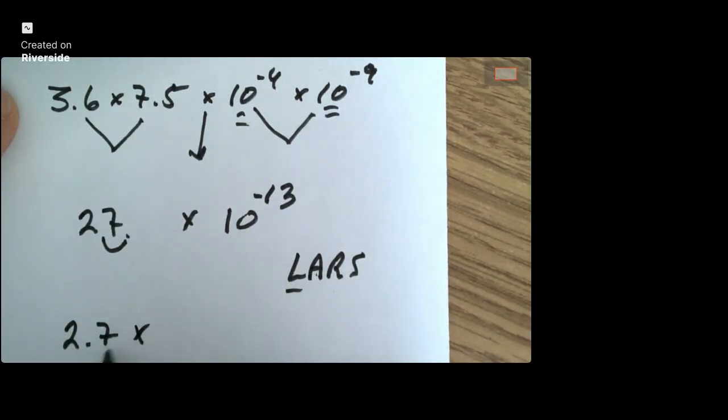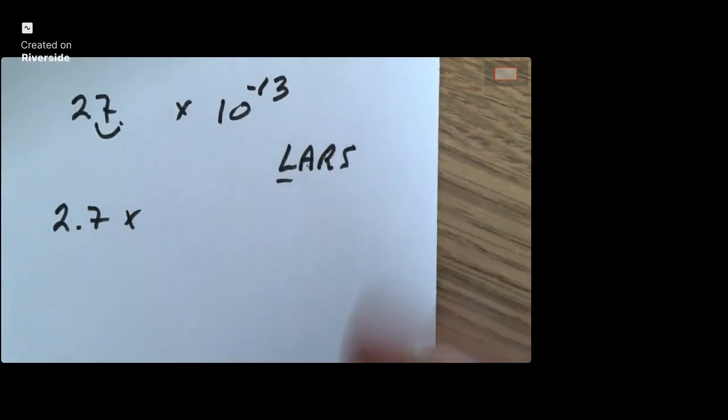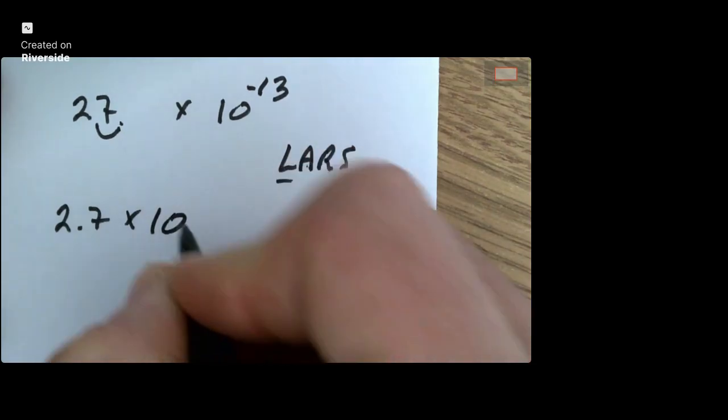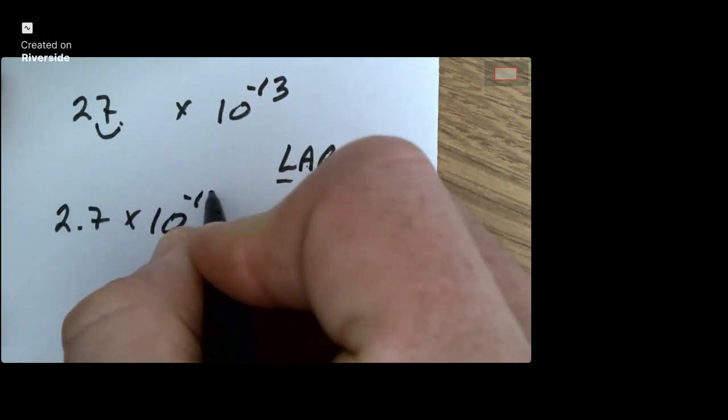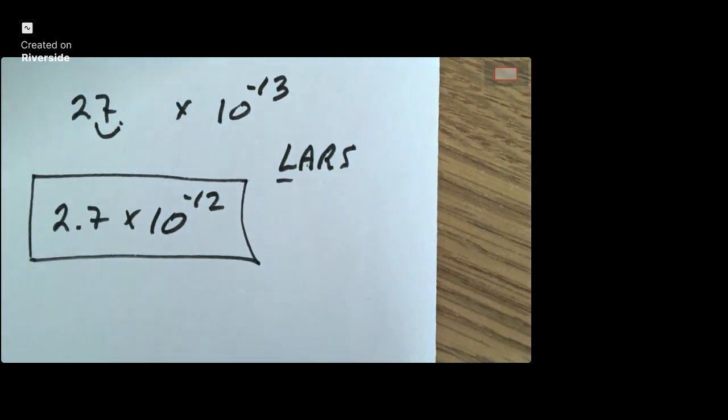So we moved it left once, so we need to add 1. So -13 plus 1 actually gives us -12. And there's a good final answer written in scientific notation. There we go. So I hope that helps. That's multiplying numbers written in scientific notation.